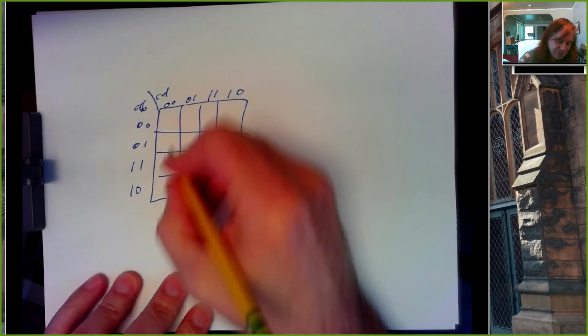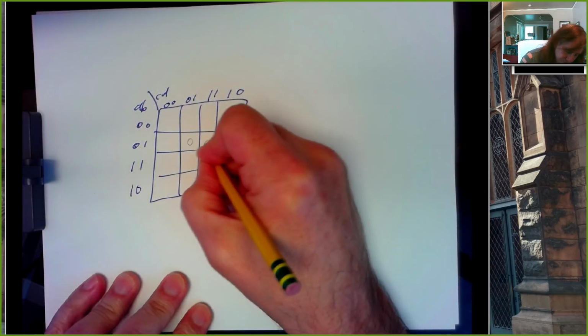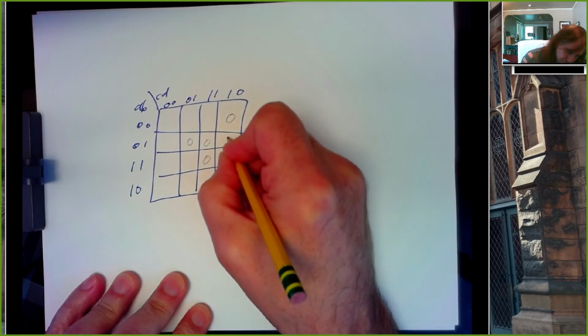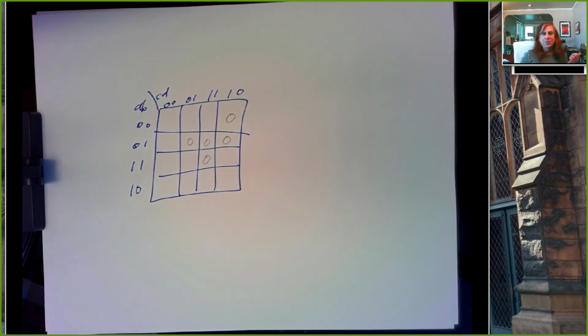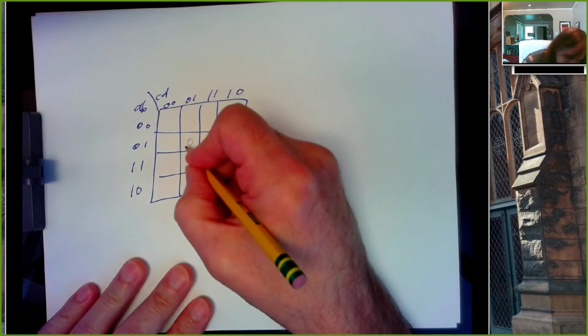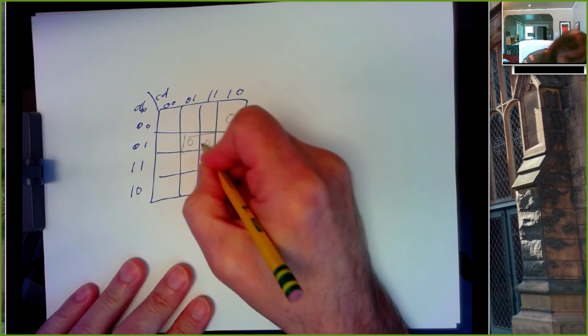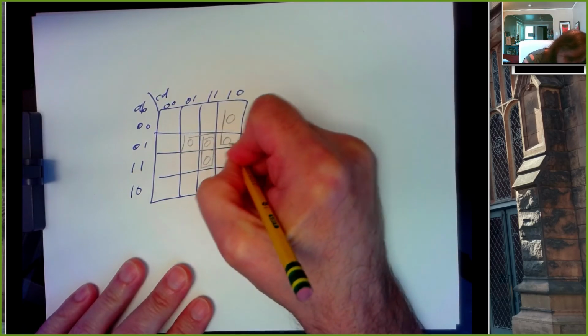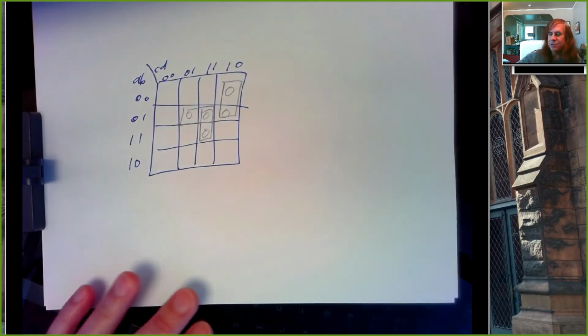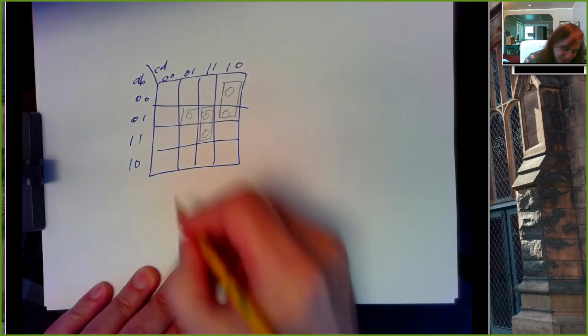But you write down your zeros. And you cover your zeros and your don't cares with rectangles. So maybe I'd pick up this one, and this one, and this one. And then you write a sum term for each of your rectangles.